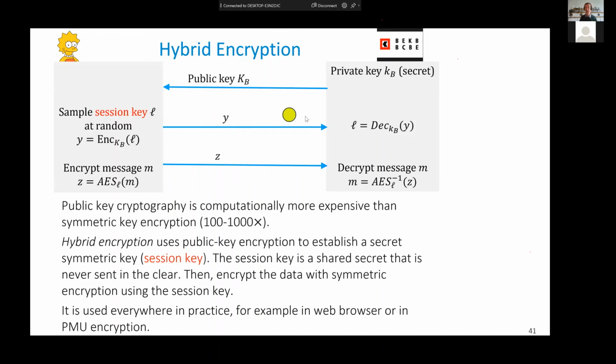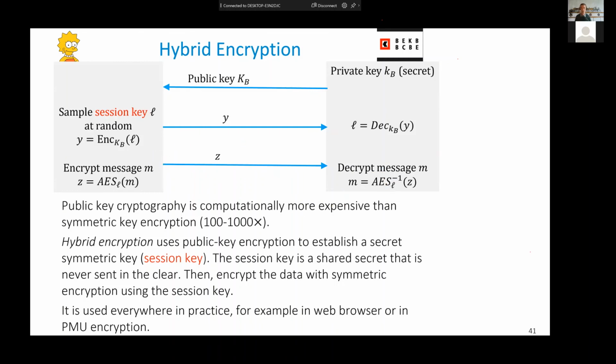But of course, the bank needs to know the session key because that's a principle of AES. Both parties need to know the key. So what we will do is send the key encrypted with the public key of the bank. That's the message Y here. When the bank receives Y, the bank will decrypt with its private key and obtain the session key. And the session key is therefore available and the session can go.